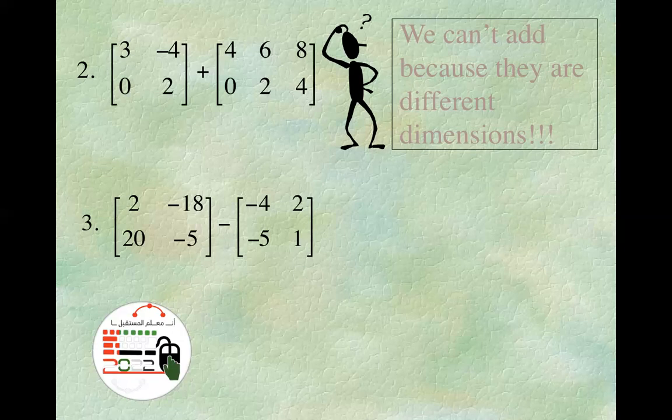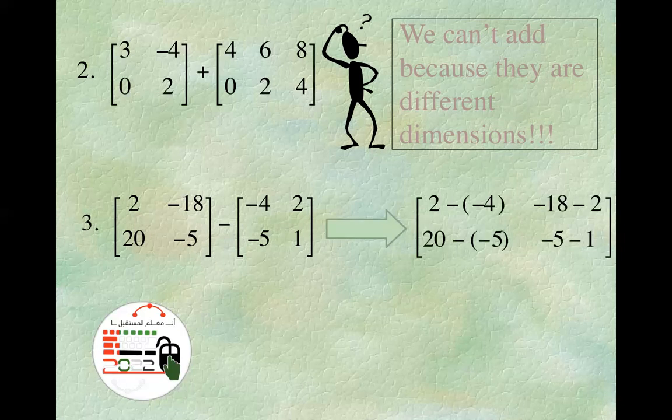For question 3, we have subtraction of matrices. First step, we need to check the dimensions as usual. For this question, we have square matrices, which are 2 multiplied by 2 for both of them. In this case, we can subtract them.